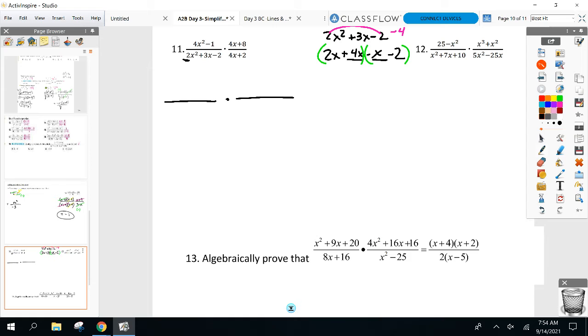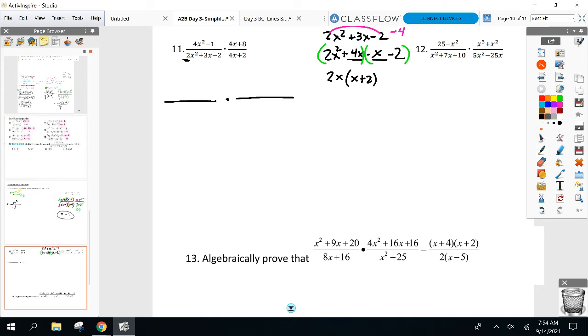What do you want to take out of the first one? A 2x. Sorry, I forgot the square. Yep. Take a 2x out. What are you left with? An x plus 2. Okay, remember, I want an x plus 2 in the next one, so what do you got to take out?